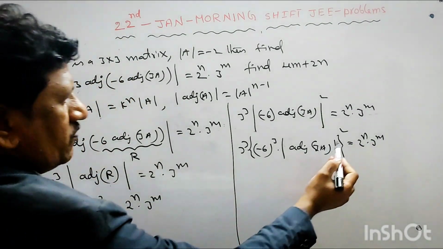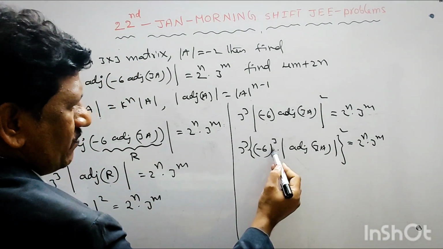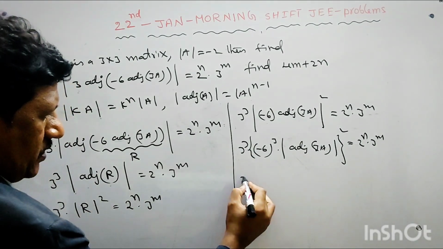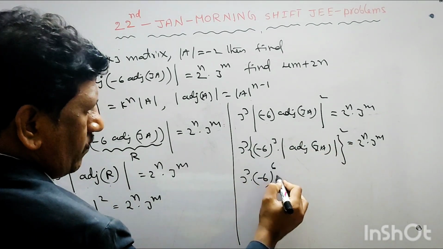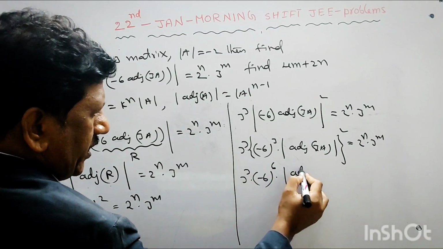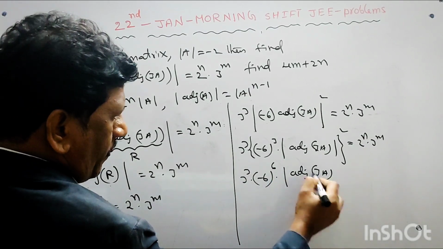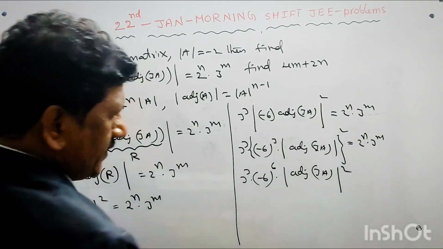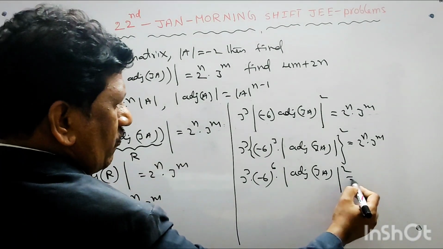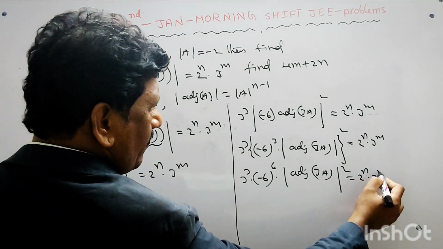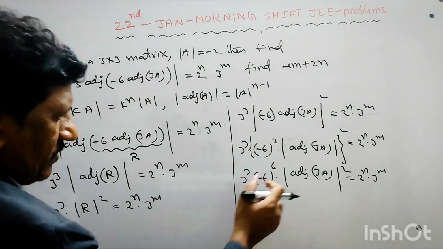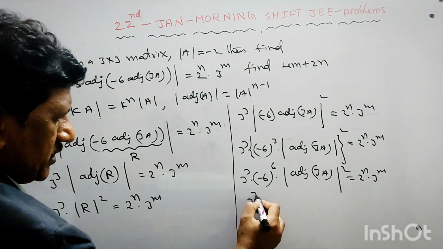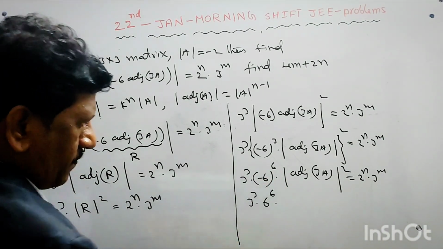Then divide the power between this number and this number. That means 3 power 3 into minus 6 whole power 3 into 2, so 6 will come, into det of adjoint of 3A whole square, is equal to 2 power n into 3 power m. If the power is an even number, the minus inside will go. So this is 3 power 3 into 6 power 6.